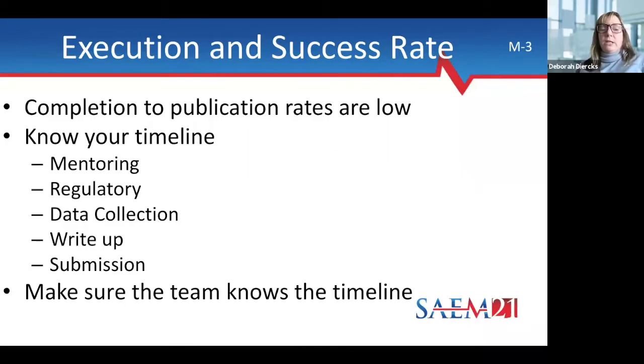You need to understand the timeline for the data collection and then the write-up and the submission. And most important, I think, is making sure everyone on the team understands the timeline. So the residents are aware of your expectations, the faculty has their own expectations, and if the entire group is aware of the timelines, you can have a successful transition to completion of a project and meet everyone's aims.